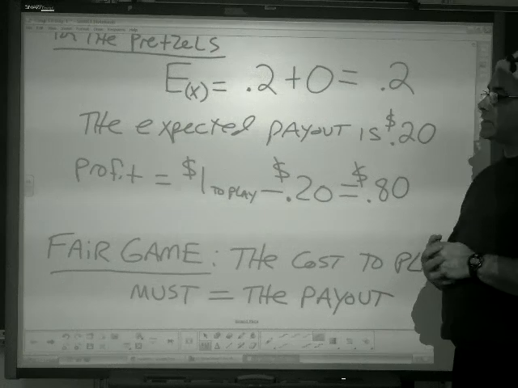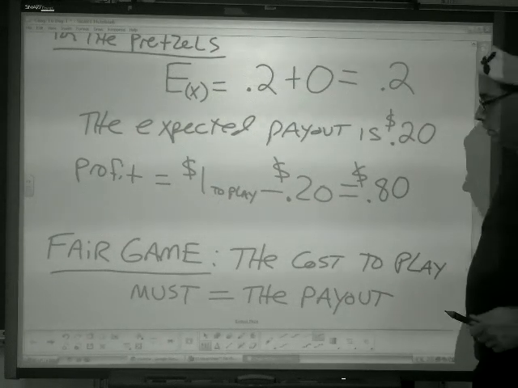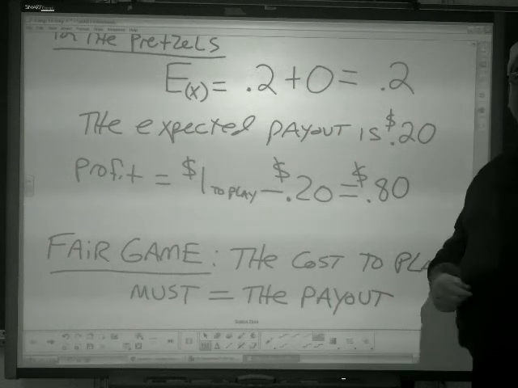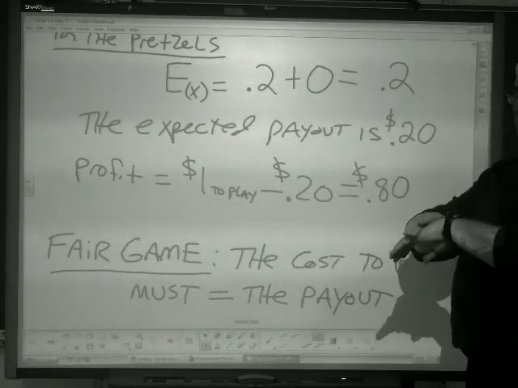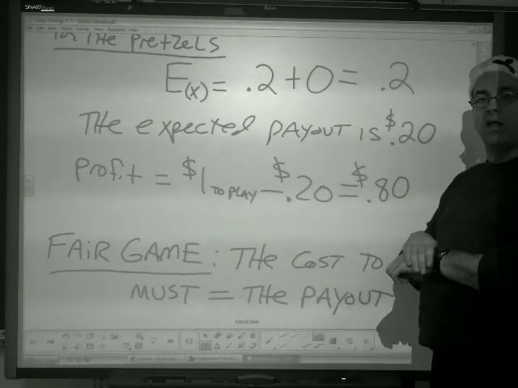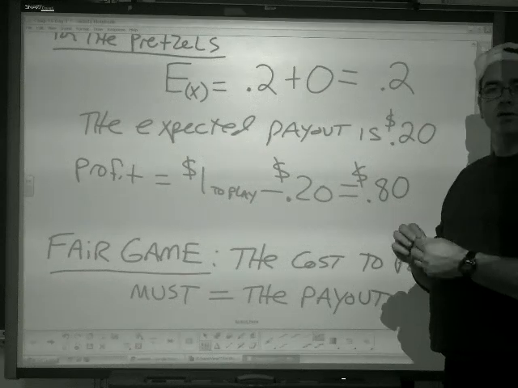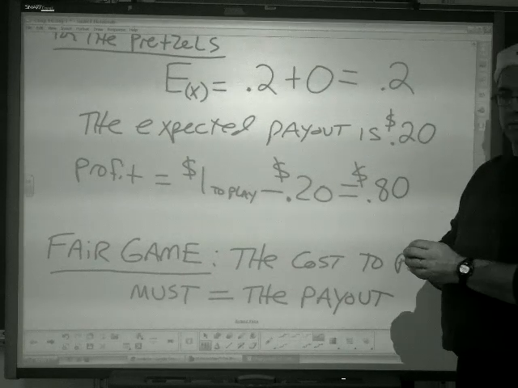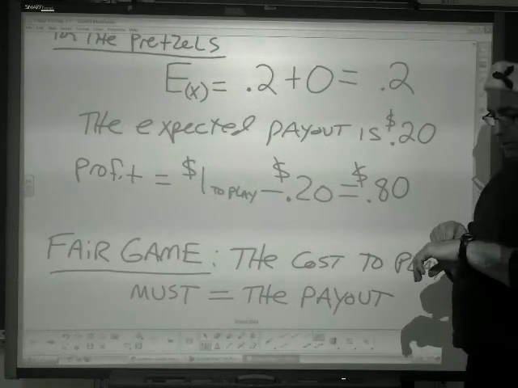Okay? I know it seems kind of silly, but think about it. If I had a coin, and I don't know if I have a coin, I do. Let's play a game. You give me $1. I'm going to flip the coin. If I get a head or a tail, I will give you back your $1. Oh, look, tail. Here's your $1 back. Play again. You give me $1. Tails.